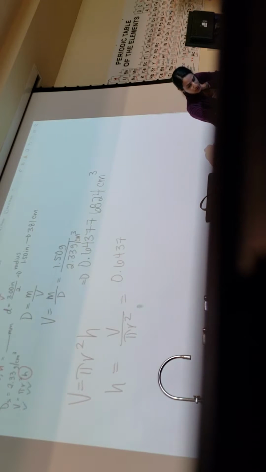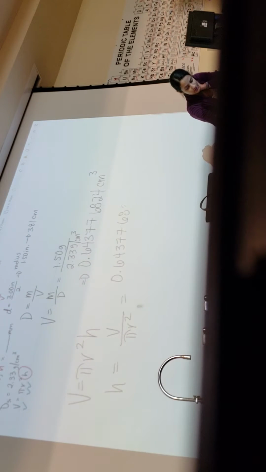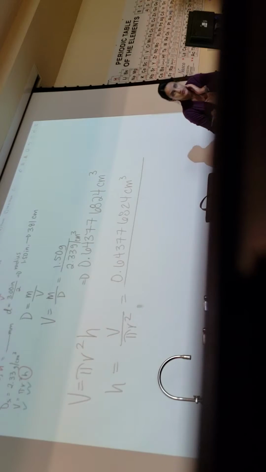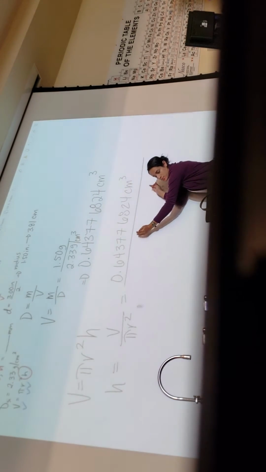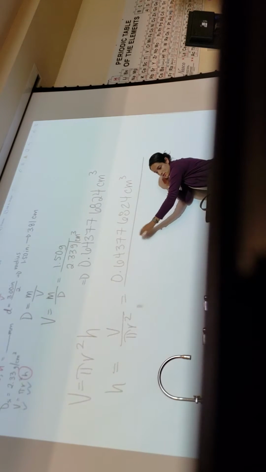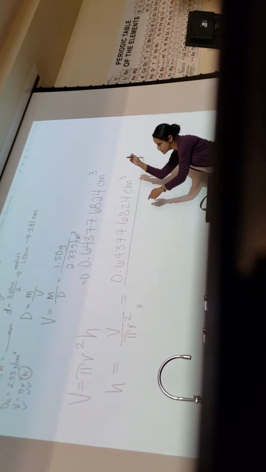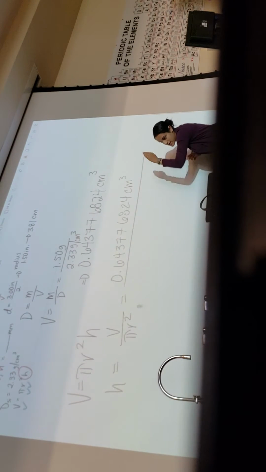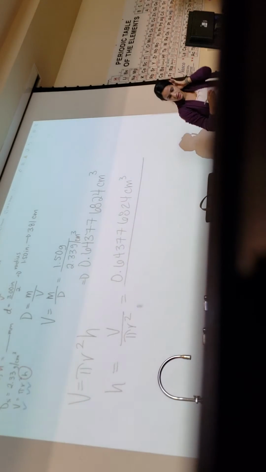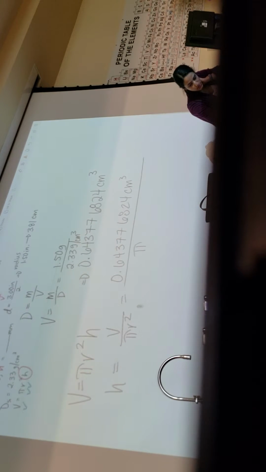So notice how if you had this in the calculator, you wouldn't need to erase anything, because look at the first step. You're going to end up getting that number. You can put this part in parentheses, pi times 3.81 squared in parentheses, and just divide the two. You can do that in one step. Don't forget to square this.